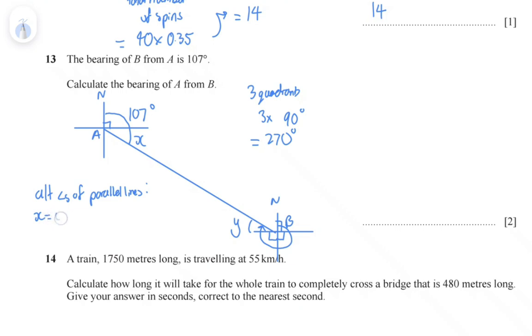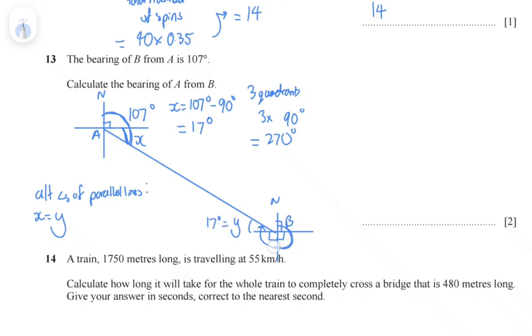And x is equal to y. Well, what's x? As you can tell by looking at this angle here, x is equal to 107 degrees minus 90 degrees, as x is only interested in this part here. So that is 17 degrees. So we know that y is equal to 17.